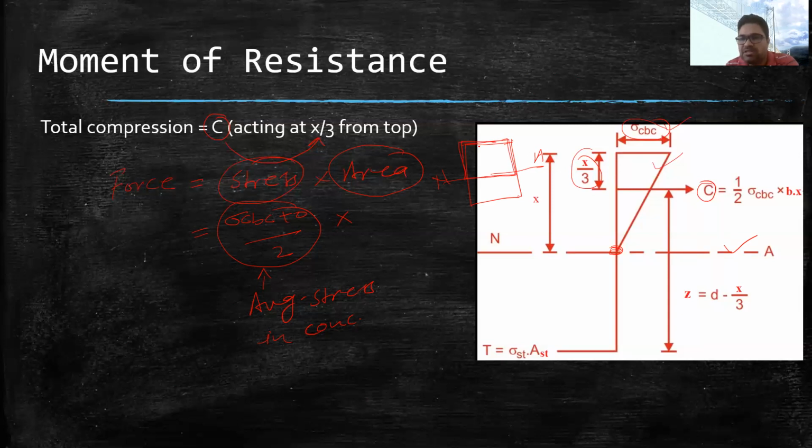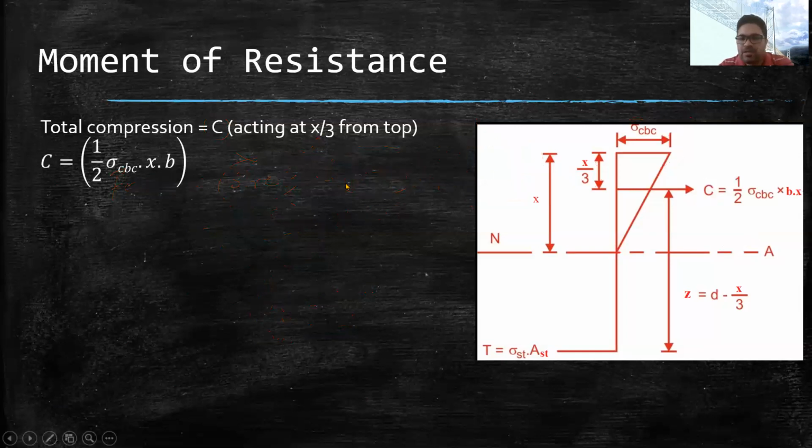Only this part is taking the compressive force, so we will have the area of this concrete part only. This is B and this is X, so the area will be B into X. So ultimately the formula will look like this.